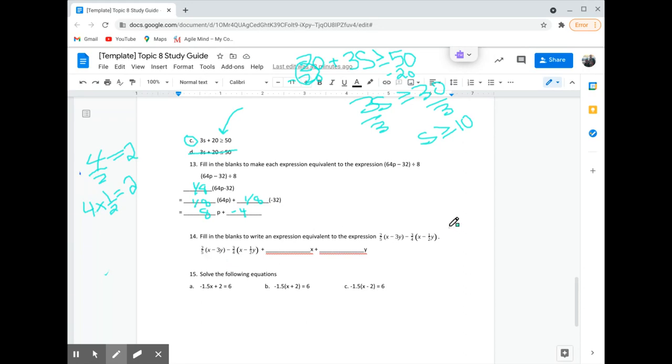What would you add to this so that it's the same? Because isn't this the same as this? Yes. That's the same. So if you're writing an equivalent expression and this says plus, what's the only thing that we could add to it to keep it the same?